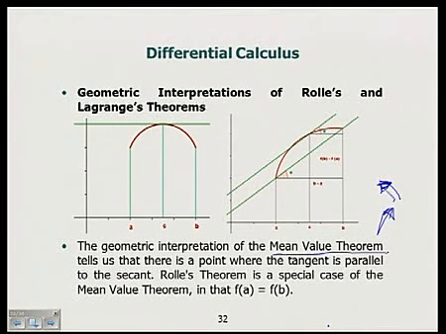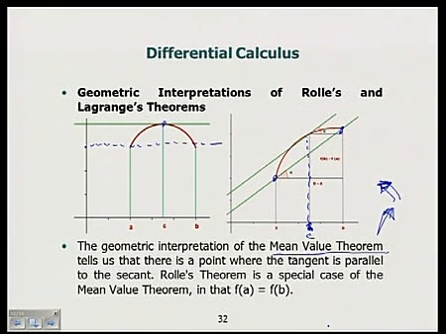I can always find the point C where the tangent line is parallel to the secant line through B and A. And Rolle's theorem is a special case of the mean value theorem. As you can see, this is the secant line between B and A. This is the maximum in this case at the point C in the open interval AB, and these two straight lines are parallel.